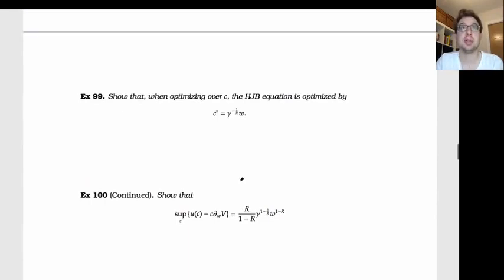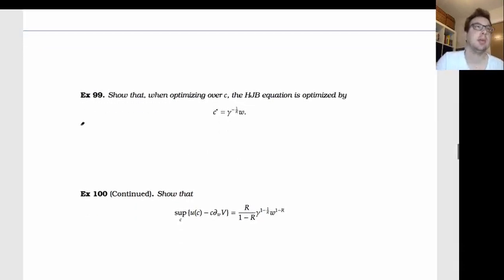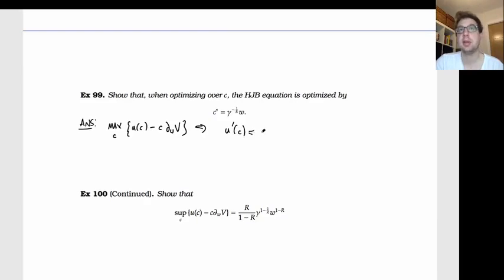So now we're going to look into the consumption part. Here we show that when optimizing over C, the HJB equation is optimized by C star, which is equal to gamma to the power of 1 over r times W. Recall that from the HJB equation we had one term that was a maximization in C, which looked like this: U of C minus C times the partial derivative of V of W. If I maximize this, I can differentiate both sides and get this condition.